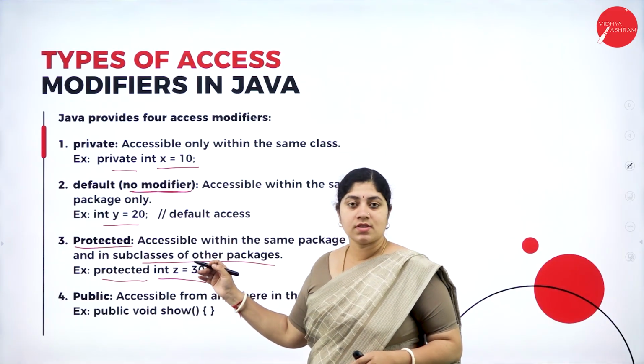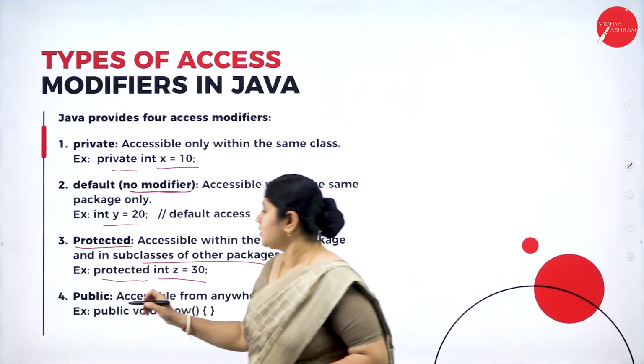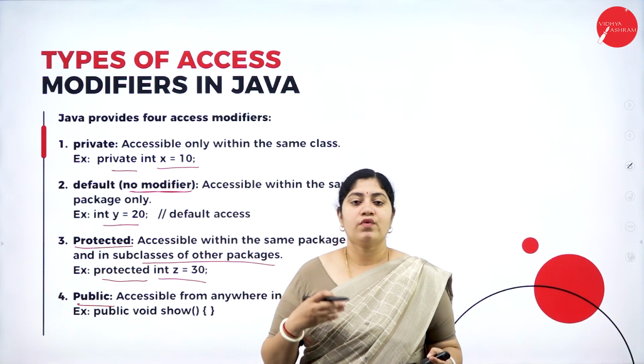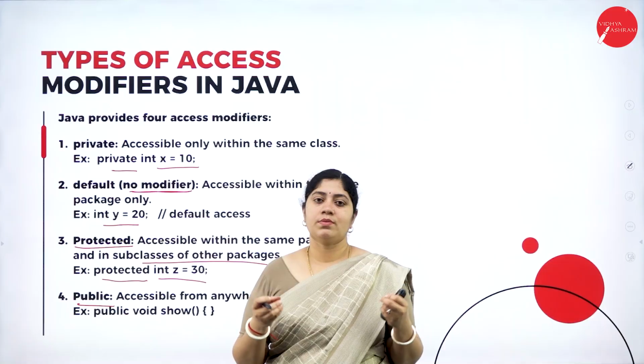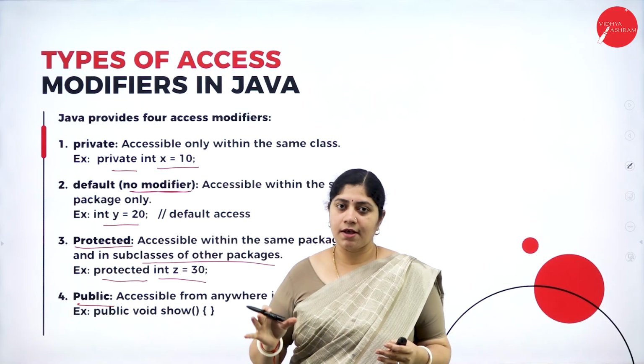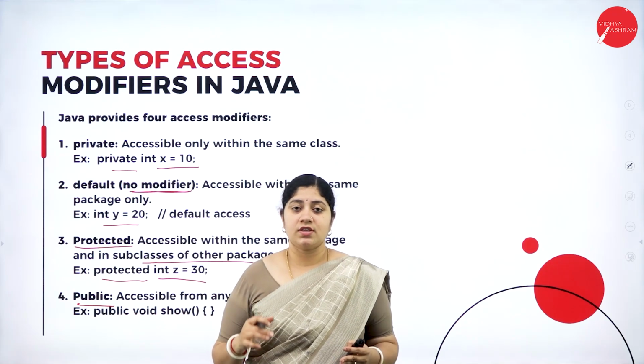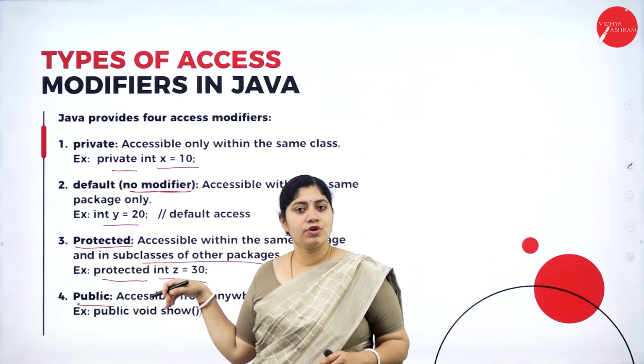So this is the third type, and the next type is complete public, which allows access to the object from anywhere in the program. It is publicly available, so you can access anything inside that program. So it is called the public access modifier.